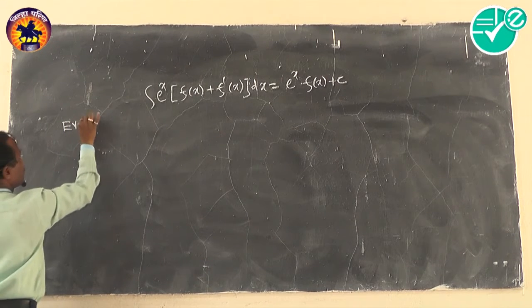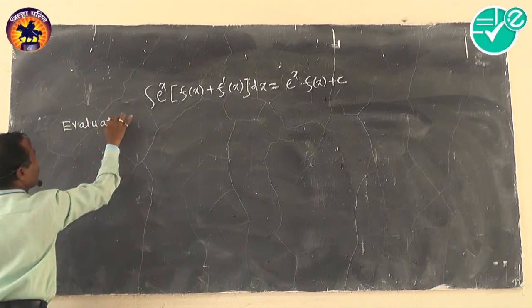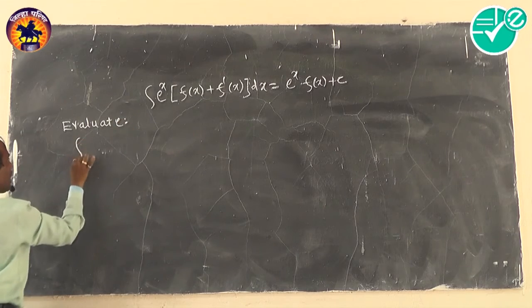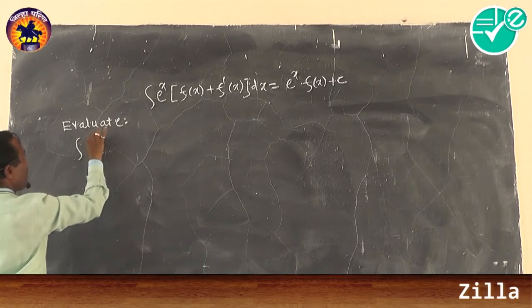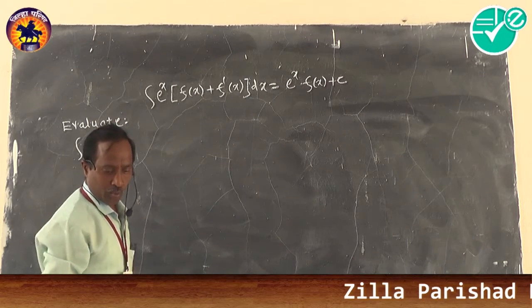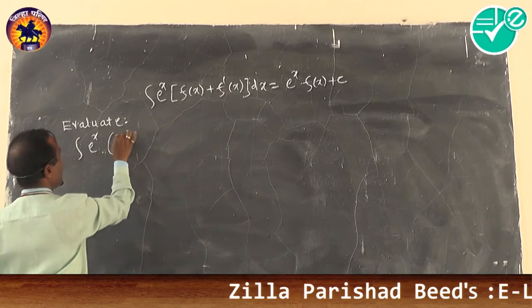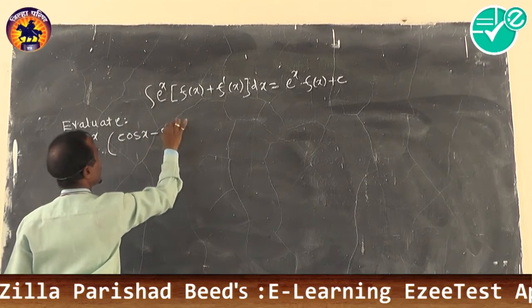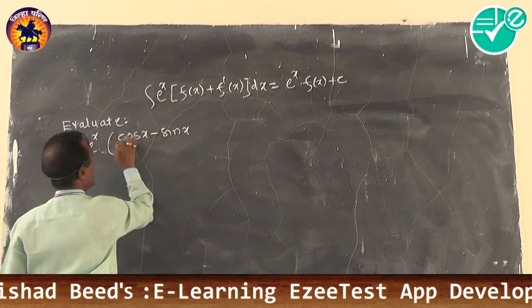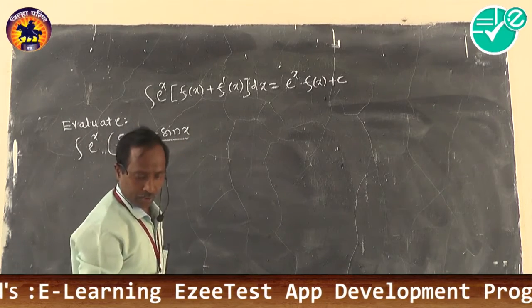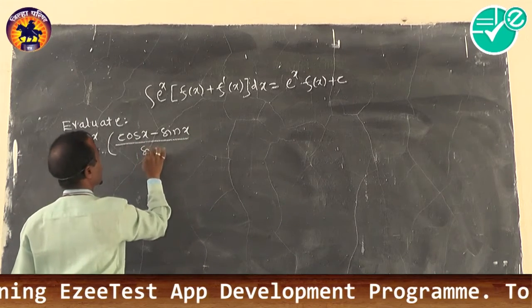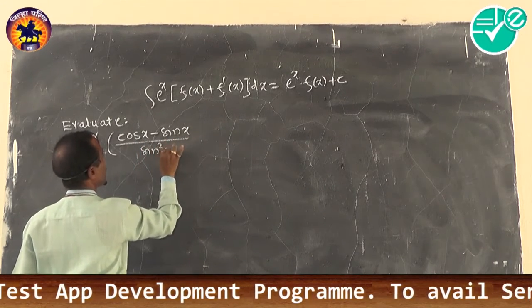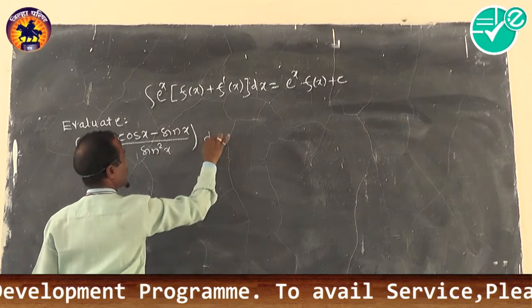Evaluate the integral of e to the power x into (cos x minus sin x) divided by sin square x dx.